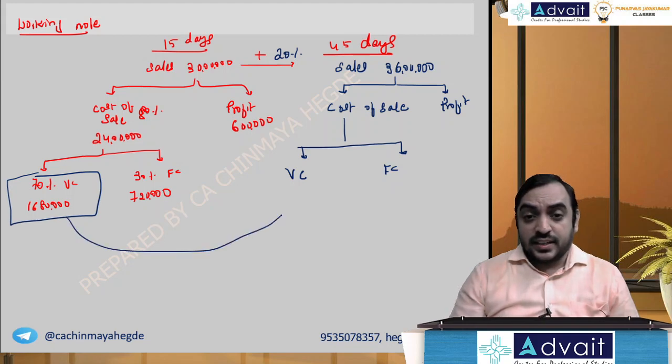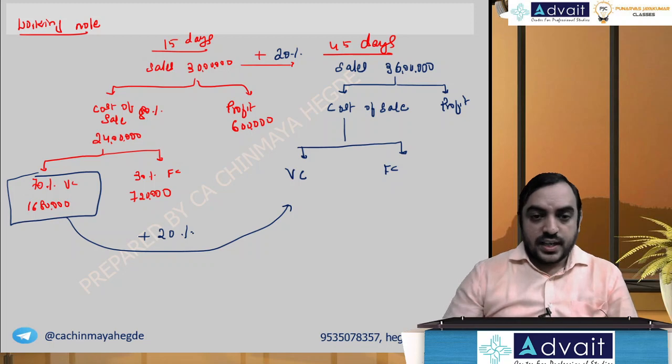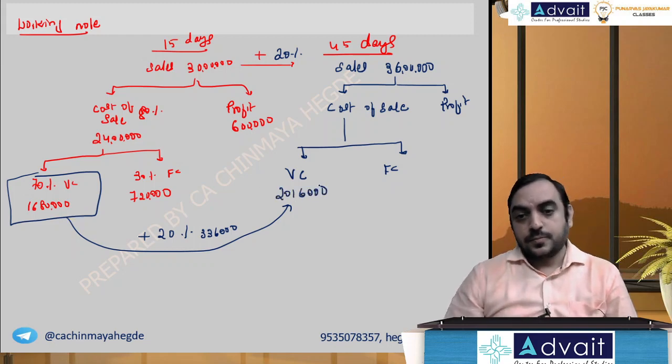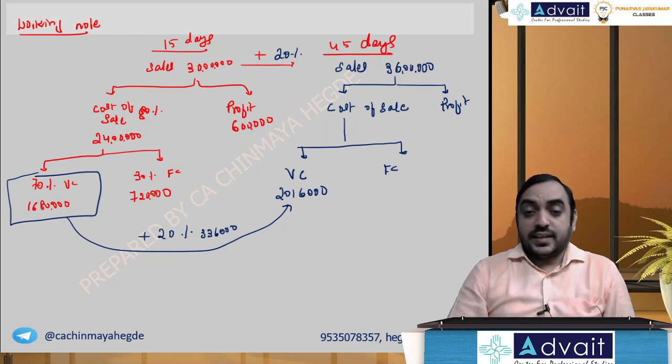Variable cost will increase by how much? 20%. 20% of 16 lakh 80,000 is 3 lakh 36,000. So plus 16 lakh 80,000, that is 20 lakh 16,000. Variable cost will increase.